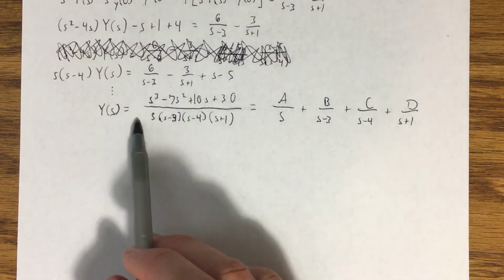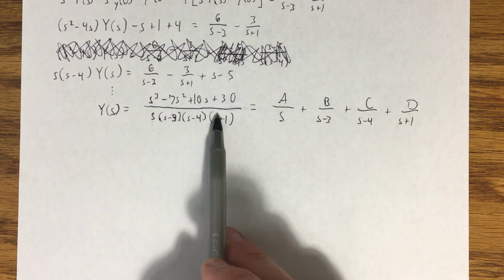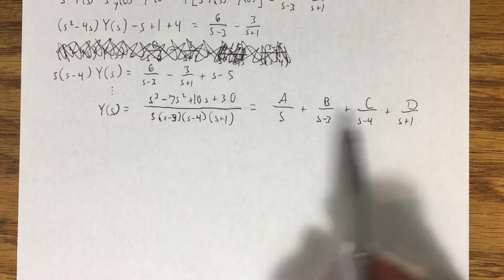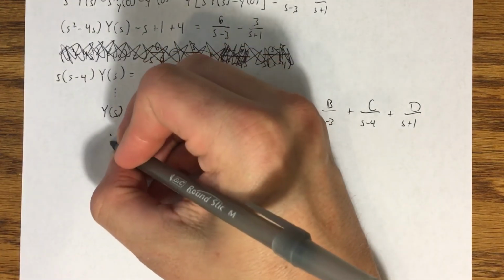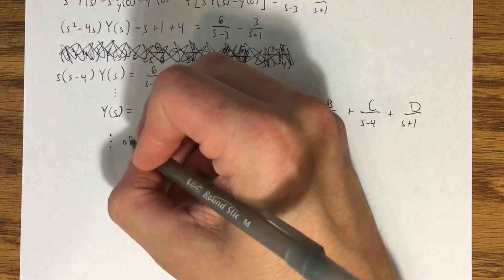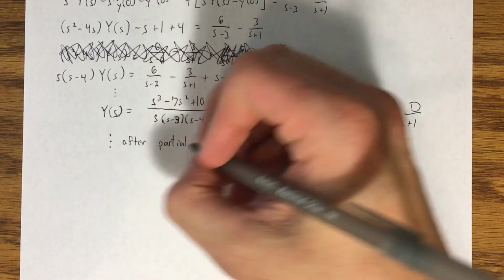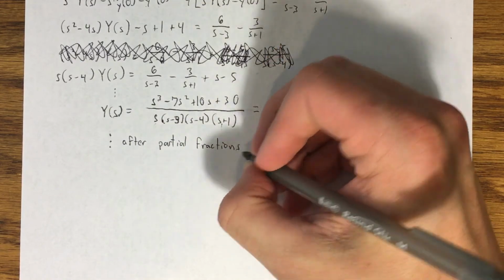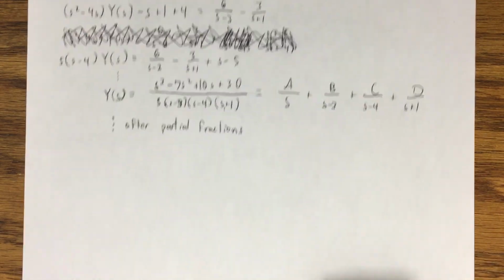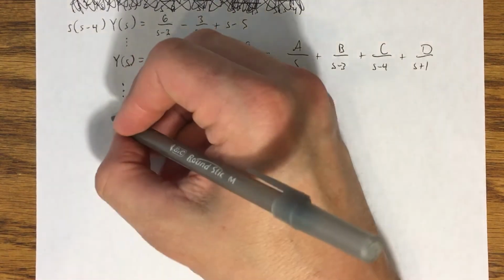Same thing as always, you multiply both sides by that common denominator to clear all of these denominators, and then you plug things in to solve for those unknowns. Because we've already done a couple of examples of partial fractions, I am going to skip showing that, but I encourage you to try and fill in in your own notes the steps that would go here, because you're going to need that practice.